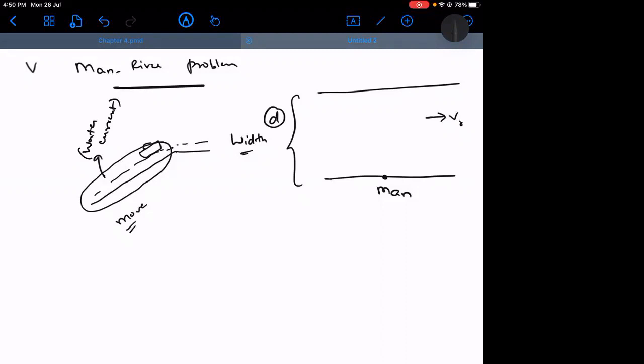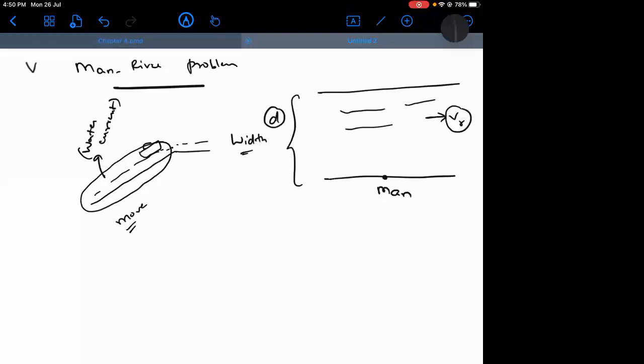Right. In a similar way, if I have a river, then the river can have either water which is stationary when it is not disturbed, or it can have a current. Which means the water itself can have some velocity.